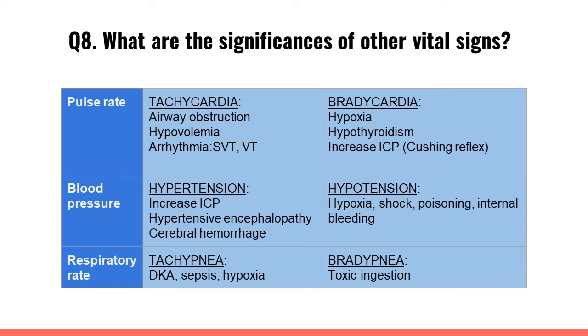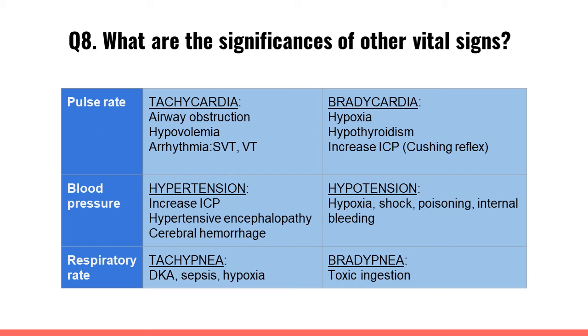For bradycardia, the patient could be having hypoxia, hypothyroidism, or increased ICP. For blood pressure, if the patient is hypertensive, you can consider increased ICP, hypertensive encephalopathy, and cerebral hemorrhage. If hypotension, it can be due to hypoxia, shock, poisoning, or internal bleeding.